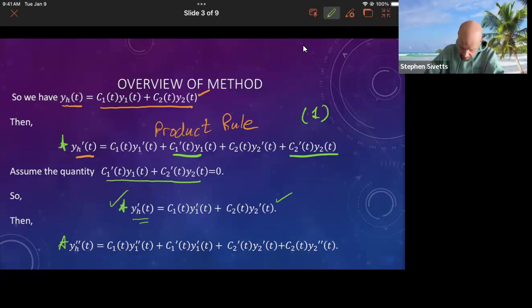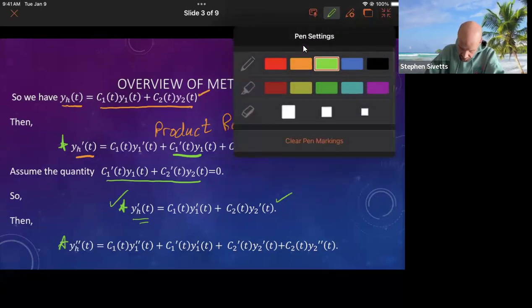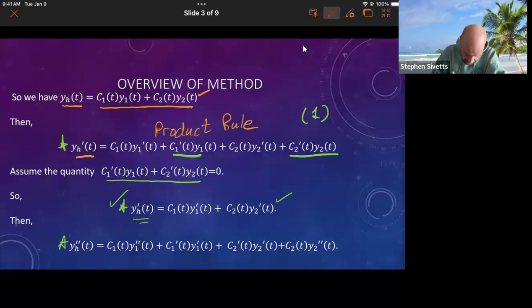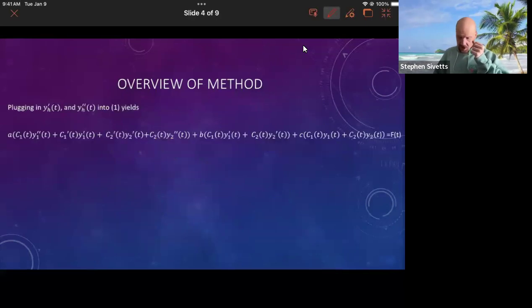So what we're going to do is plug in this function along with this function here into equation 1, and what we're going to get is some formulation that looks like this, right? So right here, this is yh double prime of t.